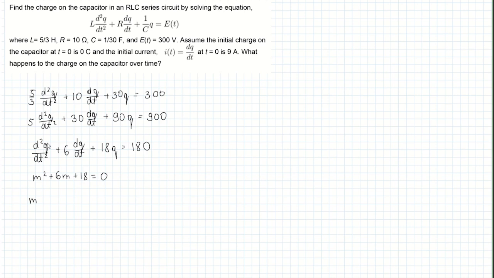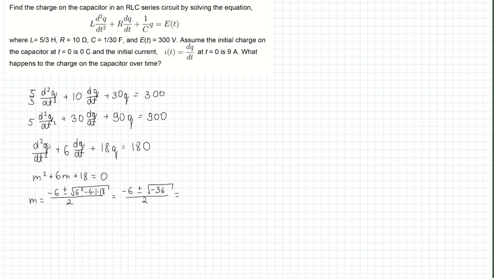So m is equal to minus 6 plus minus square root of 6 squared minus 4 times 1 times 18, divided by 2, and that is equal to minus 6 plus minus square root of minus 36 over 2. I have to take the square root of a negative number.